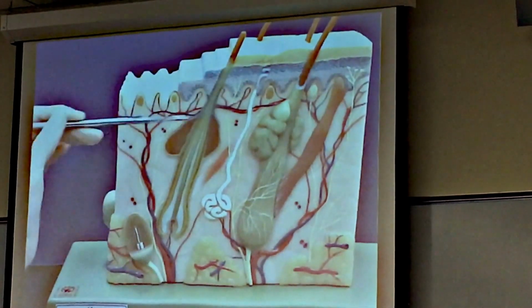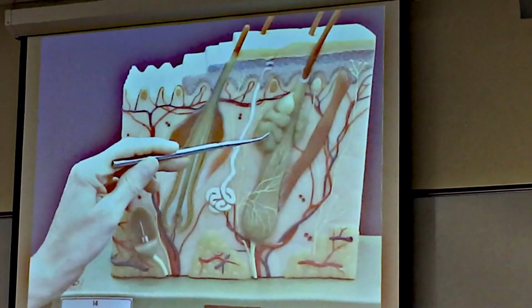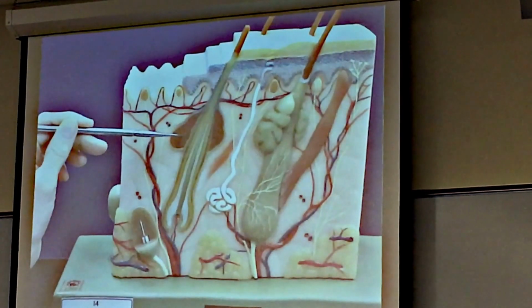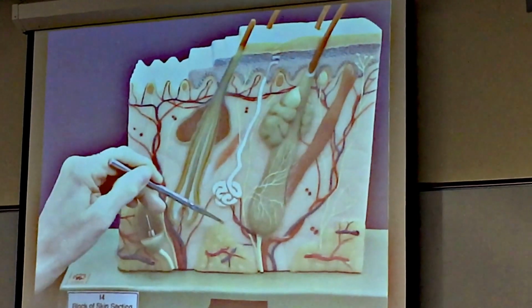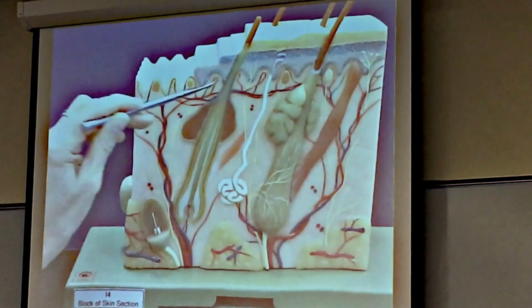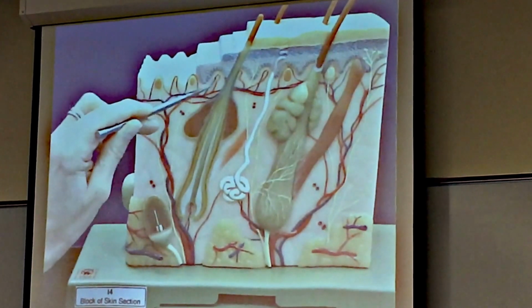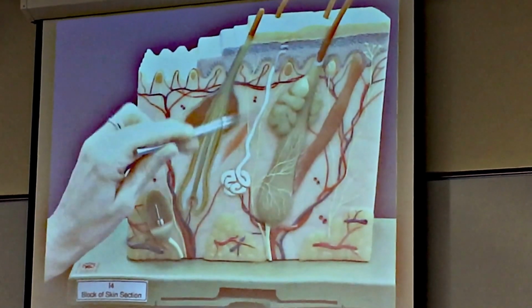And then over here, identify this structure in 3D. Sebaceous gland. Right here, it's cut, sebaceous gland. What layer is this from here to here? Dermis. What sublayer is this right here? The papillary sublayer. What sublayer is all of this right here?